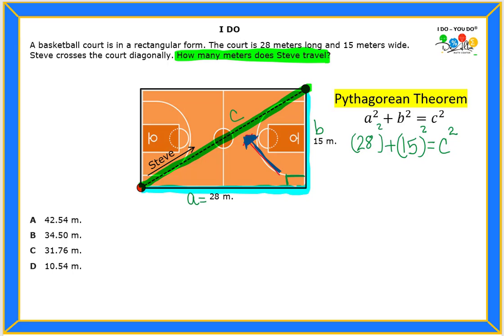If you input 28 to the second power on the calculator, you get 784, plus 225 equals C squared. If you add 784 plus 225, you are going to get 1009, and that is equal to C squared.